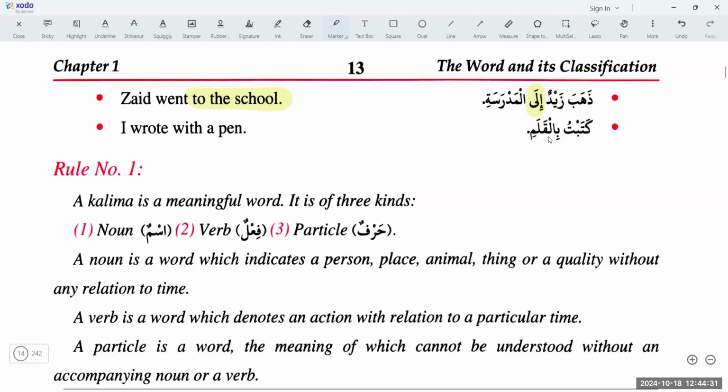Katabtu bil qalami, I wrote with the pen. Bi is a preposition and we use it with the noun pen. After using it with the noun, we can understand its meaning: bil qalami, with the pen.